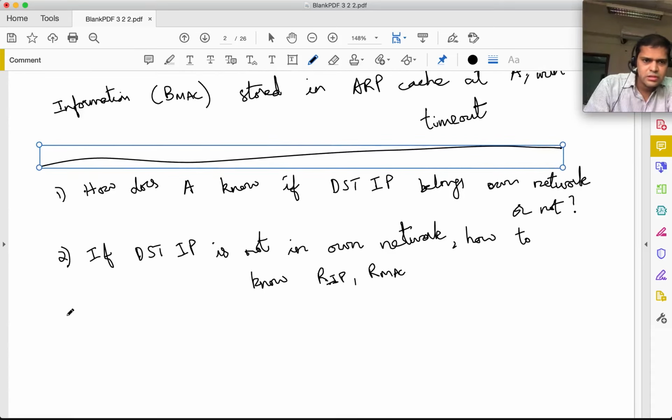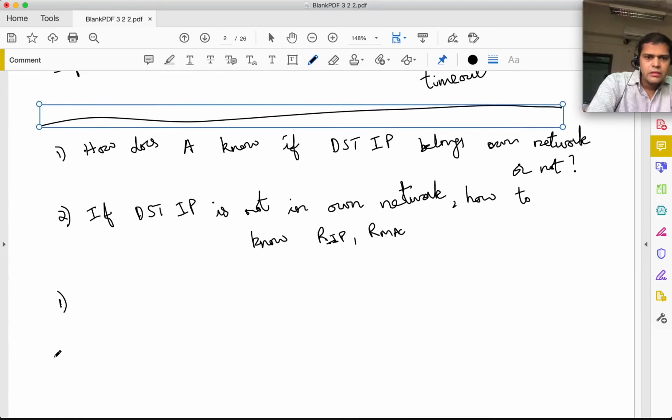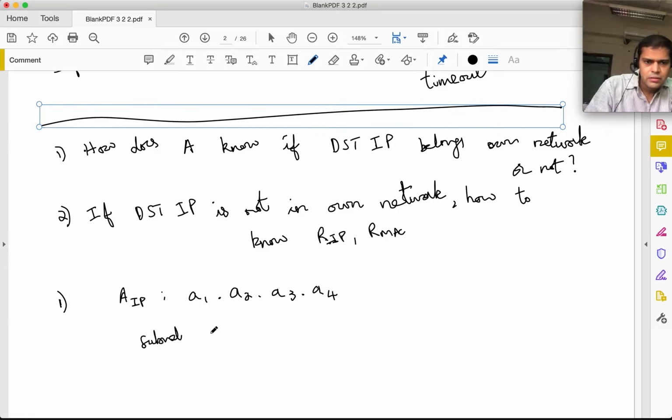So first let's talk about the first one. A has its own IP address, let's say a1.a2.a3.a4. And it also has a subnet mask which is configured in it.